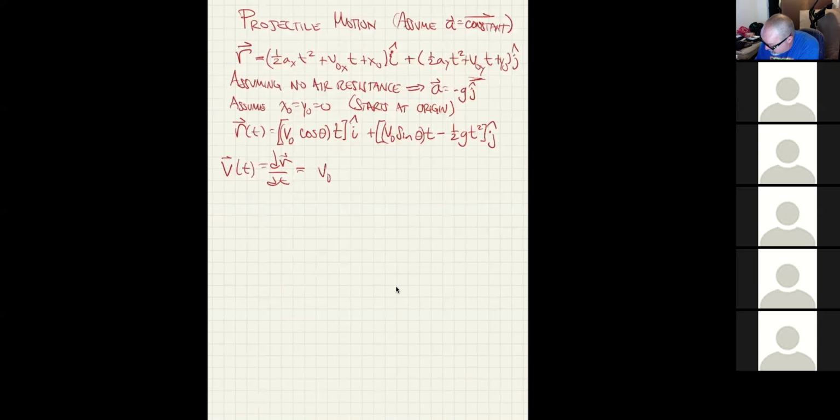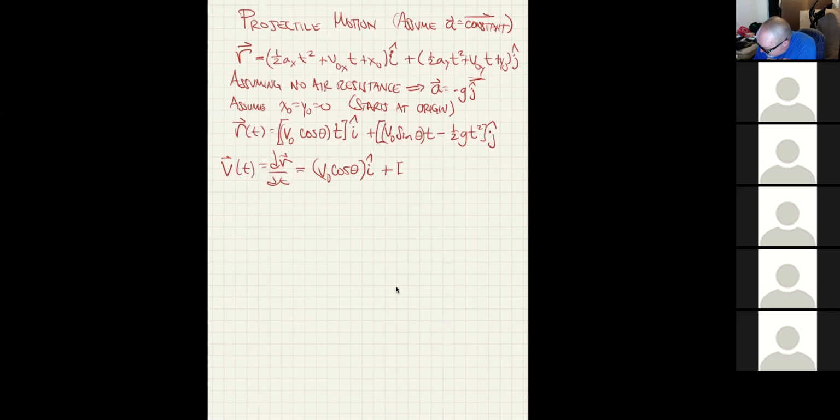So I get v0 cosine theta times i hat as the derivative of the x component. Now I'll say plus, and I do the same thing with the y component. I'm going to take a derivative of all this. The j hat I'm going to ignore, but you see V0 sine theta is a constant times t.